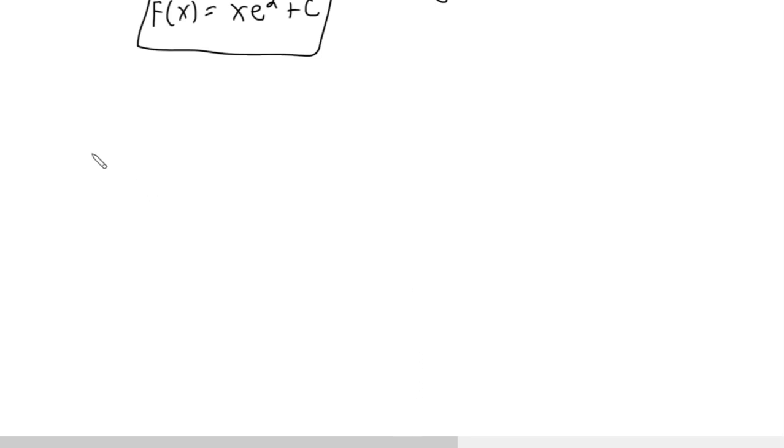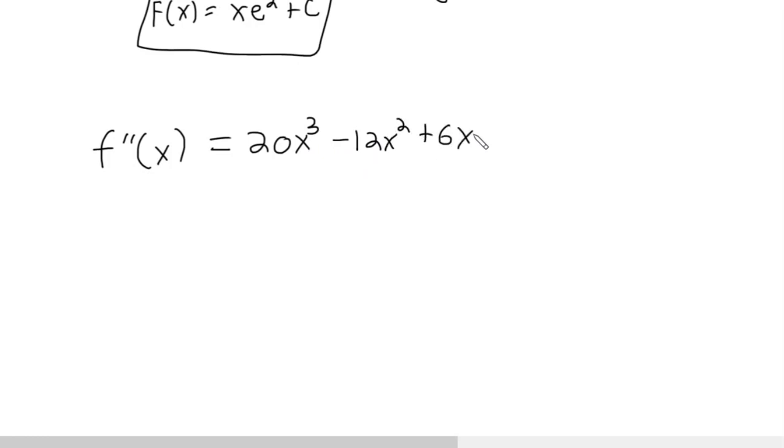Okay, so let's say I was given f double prime x equals 20x cubed minus 12x squared plus 6x. And I was asked to find f, so I want my f function. So in order to find f, I first have to find f single prime, because I'm given f double prime, but I want to find just f prime.